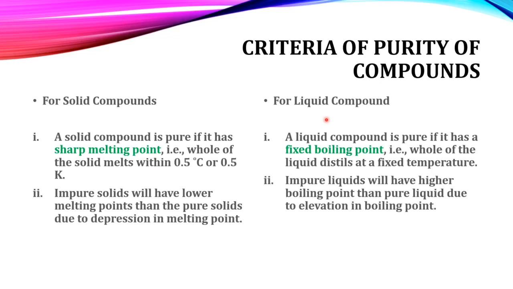Then we say that that particular liquid compound has a fixed boiling point, and that it is pure. Whereas if it is mixed with some impurity, then there will be an increase in its boiling point, and that is known as elevation in boiling point, and even that is a colligative property. So that's what happens when there is an impurity.